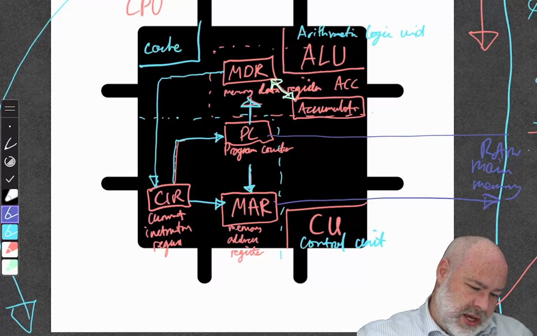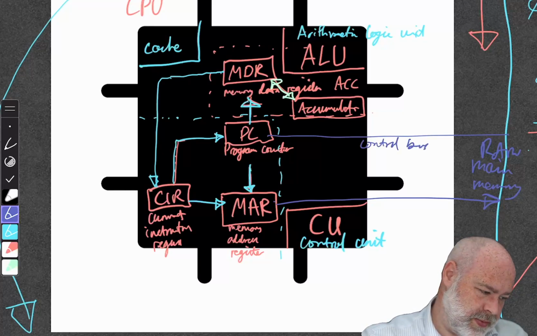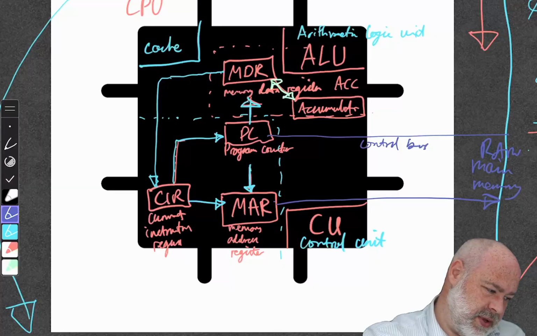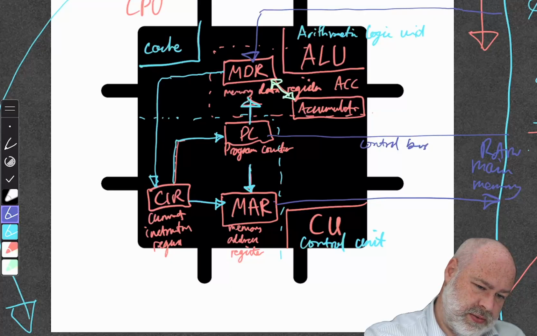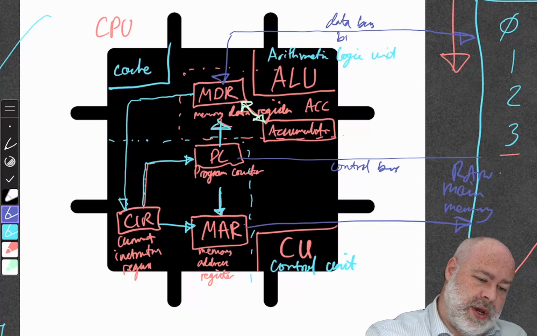We've got a control bus, and then from the data here we've got a bidirectional data bus. Bi as in two, directional.